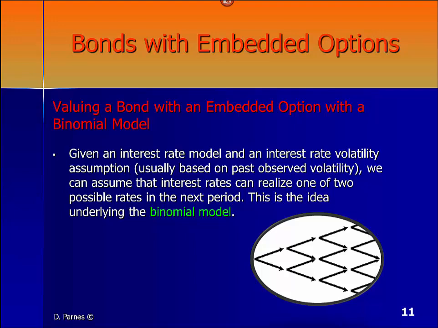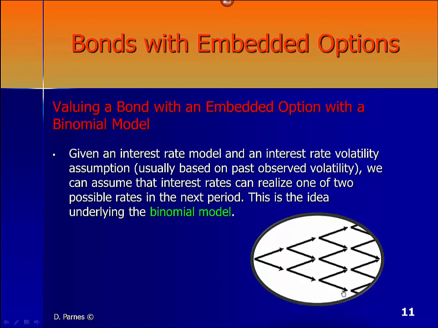In different textbooks, or if you search on the internet, you'll see that two notations are applied here, either up or down, and some textbooks call it high or low. From each and every node, we can move either up or down.